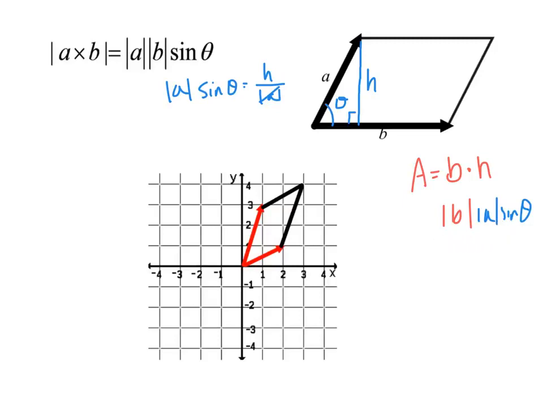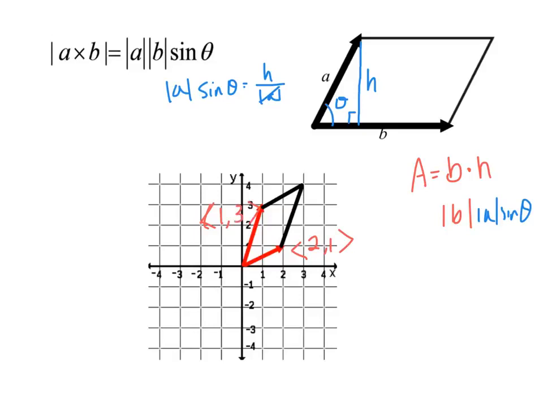Now, you'll notice this symbol, of course, means magnitude. It's the magnitude of the cross product. I want to get away from thinking Pythagorean theorem, and I want you to think about magnitude as really just meaning length. And here's why that's going to be important. I want to show you how we could apply this formula to find the area of a parallelogram. We have a vector 2, 1 and another vector 1, 3.